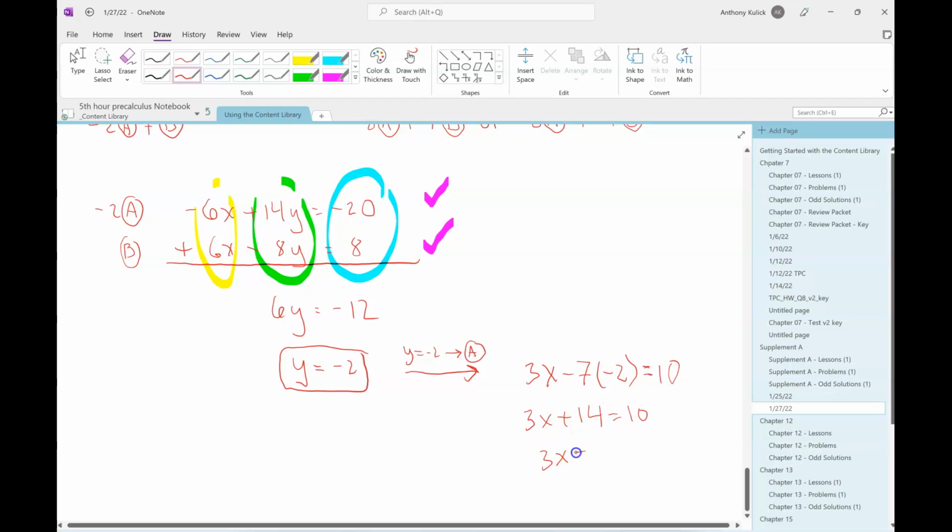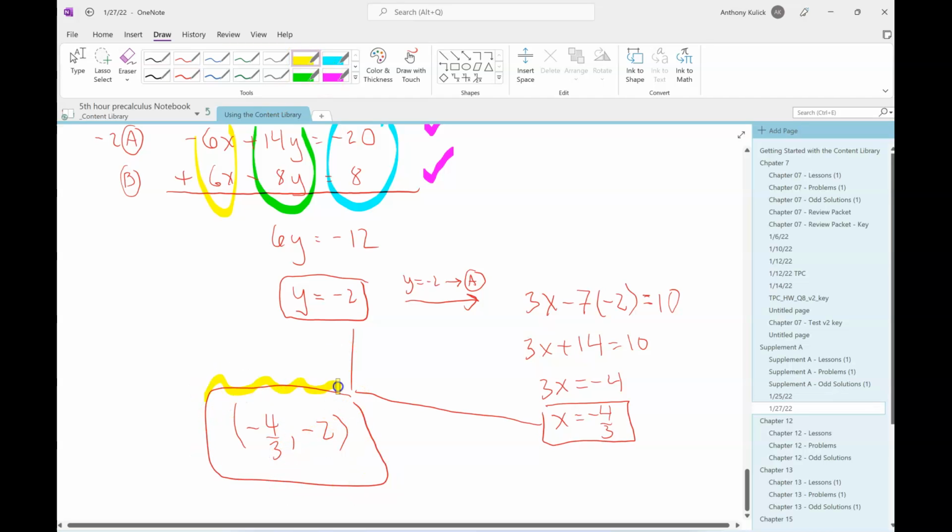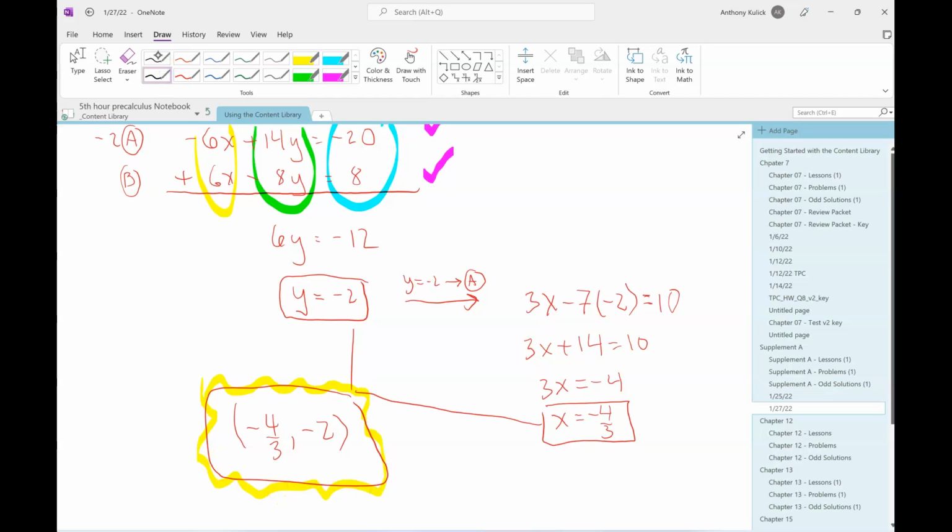I subtract 14 from both sides and then divide by 3. And I'll get x equals -4/3. And if I put those two together, there's my solution. Everybody's okay with that?